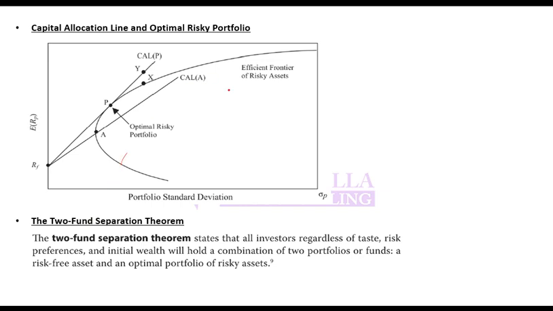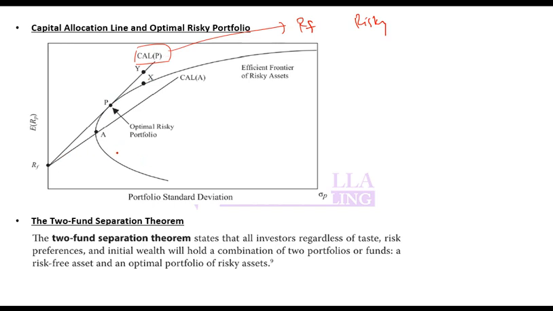So now the question is that this is your efficient frontier. Within this efficient frontier, you have different risky portfolios. This is your CAL. We discussed that any investor would invest in a risk-free asset and a risky one. So these all are risky.